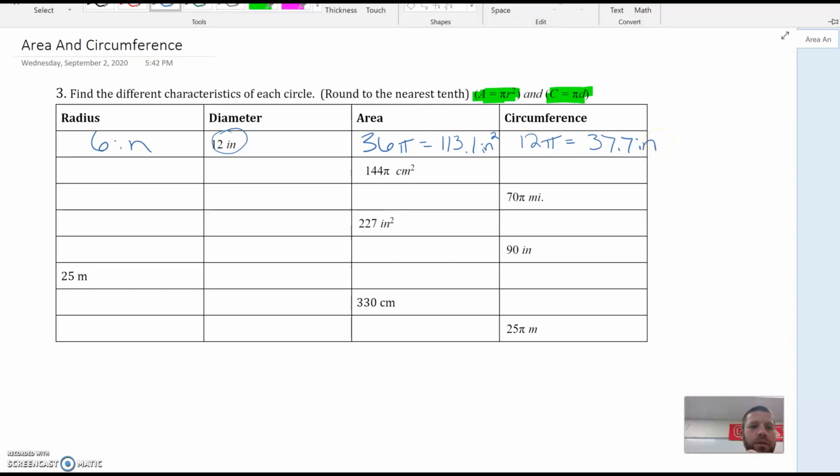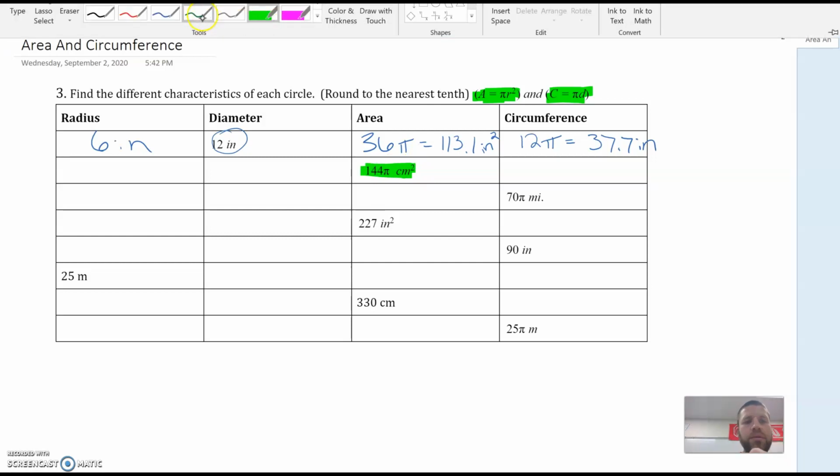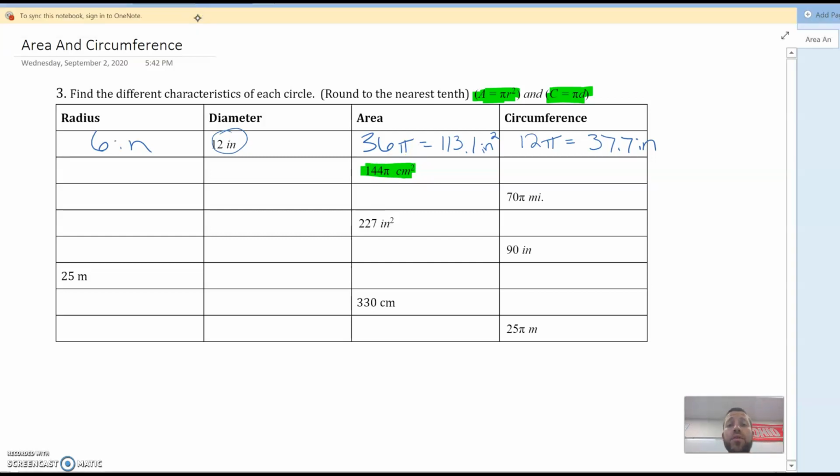All right, for the next one. Now this is where if I give you the area or the circumference, you may have to write it out, so you might have to get a separate piece of paper. Since I am given the area, I'm going to use the equation here.